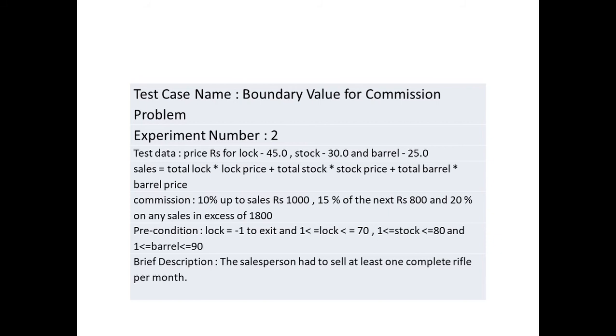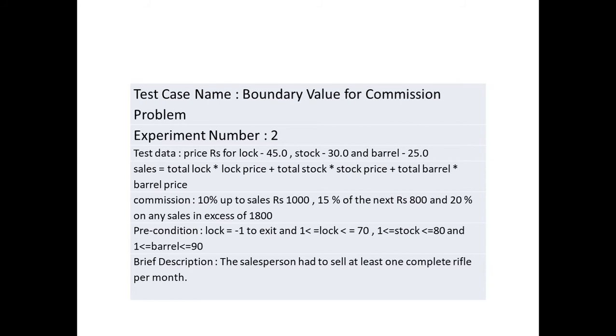Now this is the test case. So the test case name is boundary value for commission problem. Experiment number is 2. Test data: we are taking log price, stock price and barrel price, and sales is equal to total logs into log price plus total stocks into stock price plus total barrels into barrel price. And about the commission: 10% up to sales of rupees 1000, 15% of the next 800 rupees, and 20% on any sales in excess of 1800.